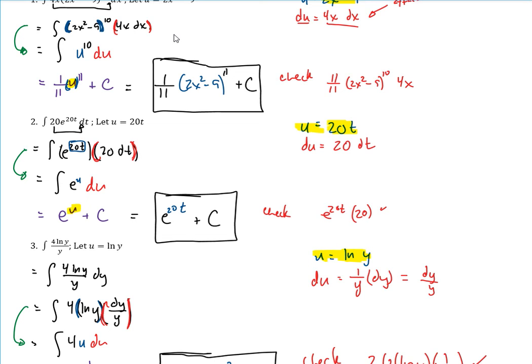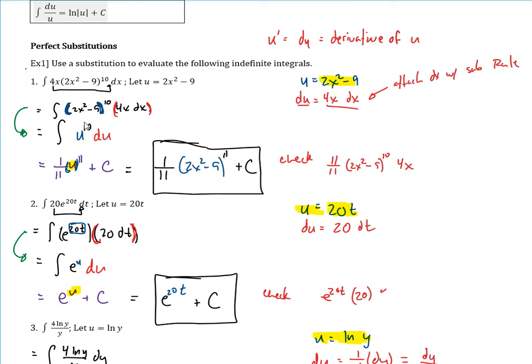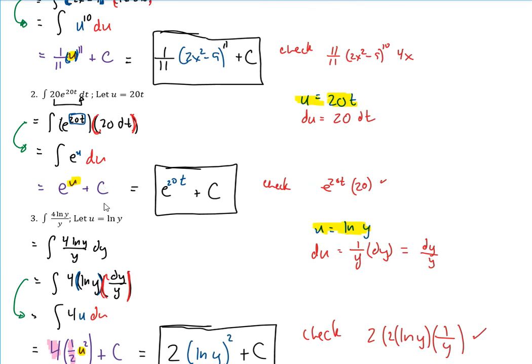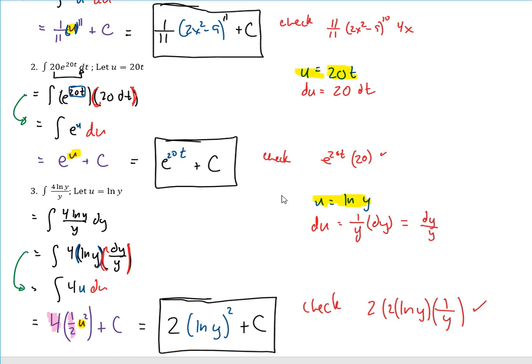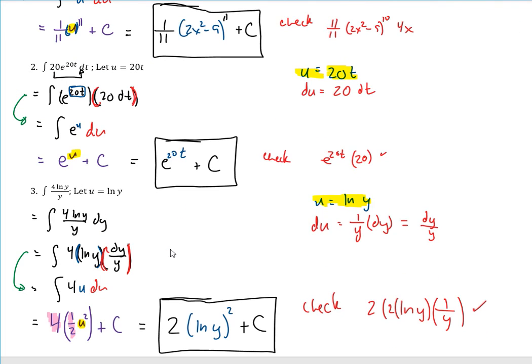So the blue times the red is a product. This whole thing times the red is a product. And then this whole thing times this whole thing is a product. So what we're doing with the substitution rule is we're changing a product into one of these basic rules. So all of these weird products became something that was basic. Okay, so that's it for now, though. So this is our substitution rule.